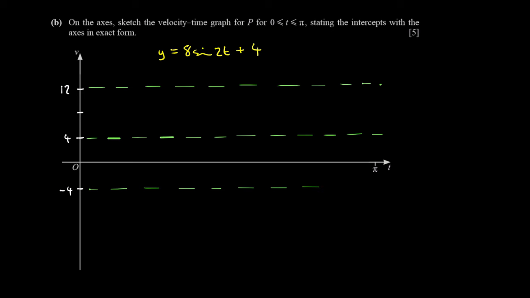And as I said, b is equal to 2. The period is equal to 2 pi divided by that b. So the period is pi, so we're going to get 1 full wave in pi radians.